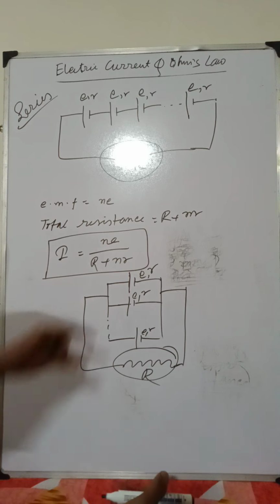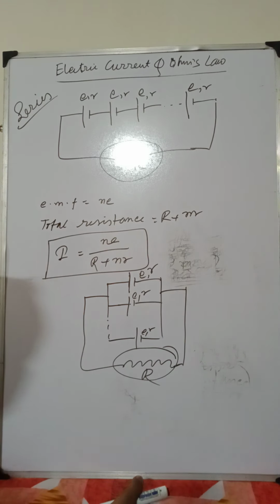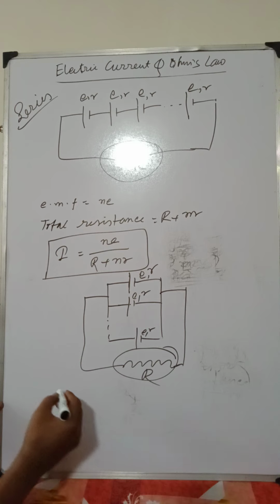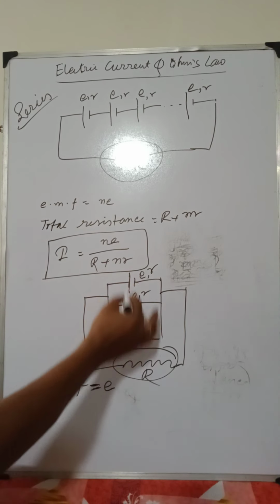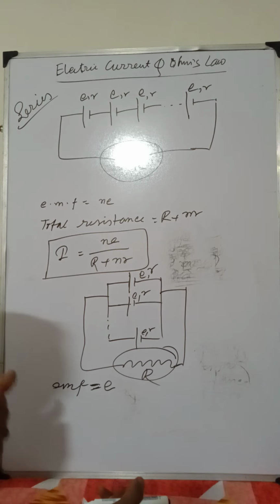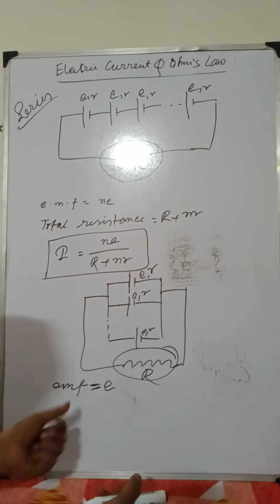The cells are connected in parallel, so the effective EMF will be the EMF of a particular cell. So the effective EMF here is only E, because only one EMF is effective, and as we take the EMF of all cells equal, we can take E.